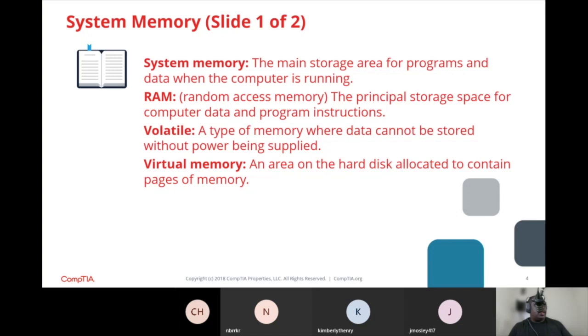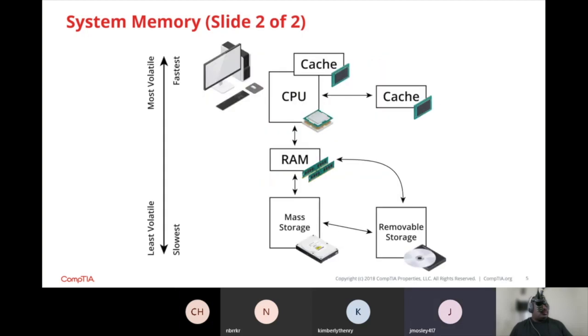Virtual memory, an area on the hard disk allocated to contain pages of memory. So let's go over and see what that looks like. The most volatile is the fastest RAM. Least volatile is the slowest RAM. So you have cache on the CPU, then your RAM, your mass storage, and then your removable storage.